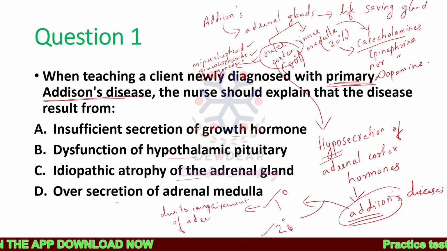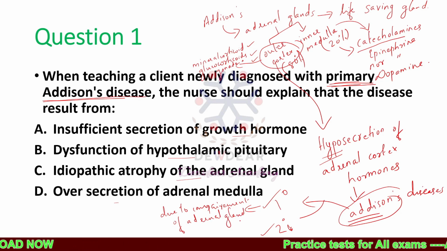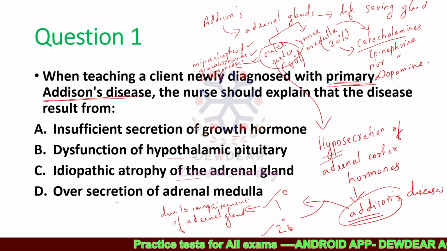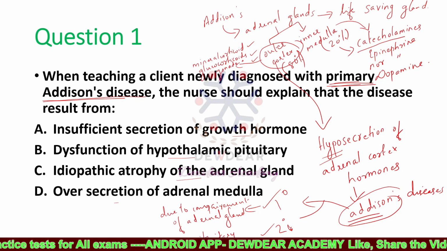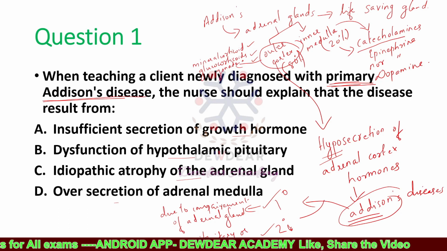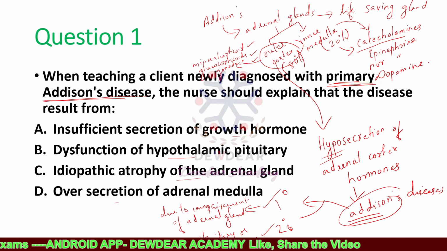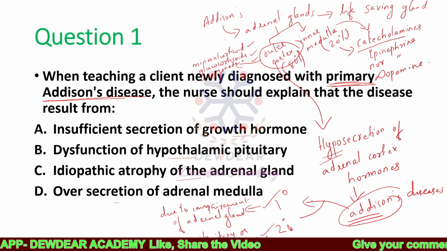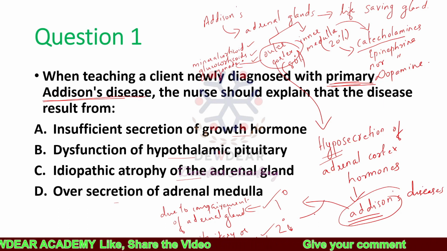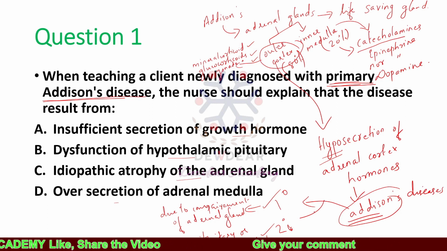Primary Addison's disease is due to impairment of the adrenal gland, and secondary Addison's disease is due to impairment of the pituitary or hypothalamus. This is the difference you should understand when studying Addison's disease and its classification. If you know this, you are able to answer this question.